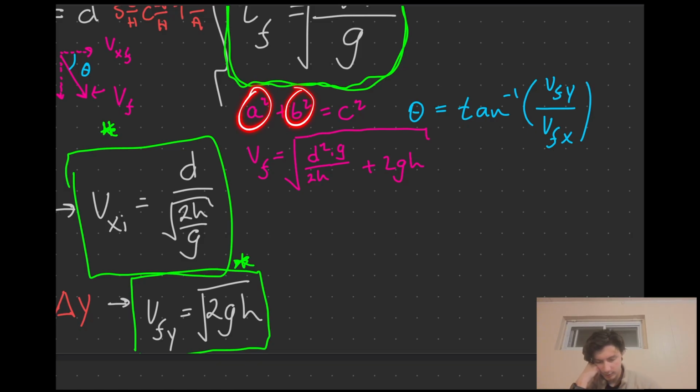A squared plus b squared, I basically take this and square it, so that's where I get the d squared from, right? Because I square this whole thing. The square on the bottom removes this, and then I move this g up here, because if this was a and this was b, then I just multiply by this fraction flipped, so this g goes to the top, and this 2h stays on the bottom.